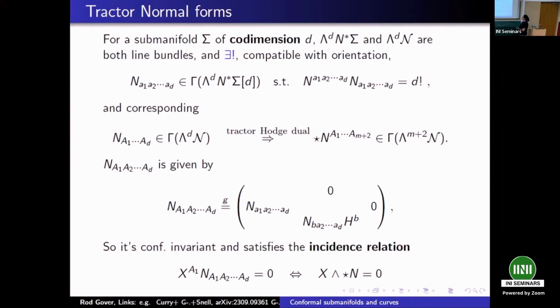Now this one clearly satisfies an incidence relation, in the sense that X contracted into it is 0. That's what these two zeros mean. And when you Hodge star it, it means that X wedged with the Hodge star version will be 0. That's the usual gymnastics of Hodge stars.